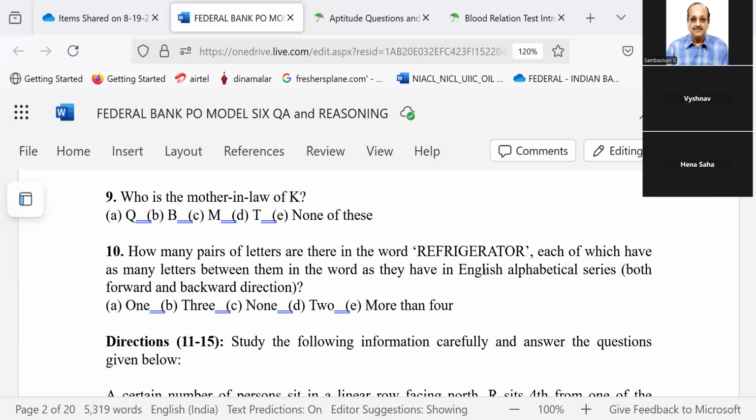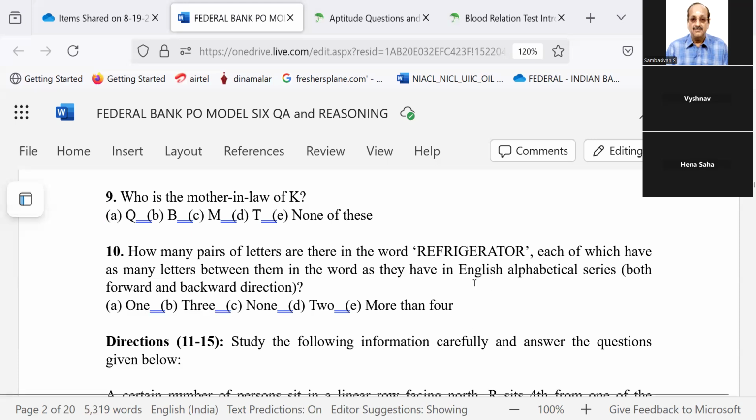Please check E and F. Then R and T, R and O. So R and O, R and T. 2 times R and T. Here, this side RT, that side RT. Then I and O. Totally 5 are there.